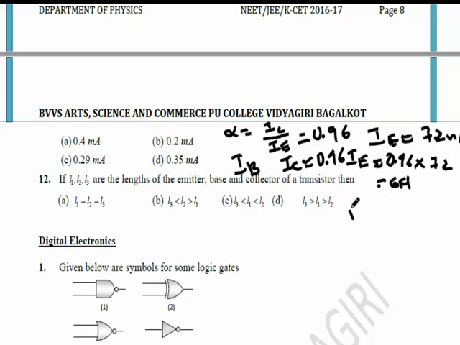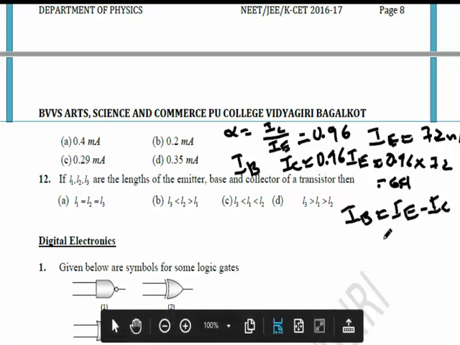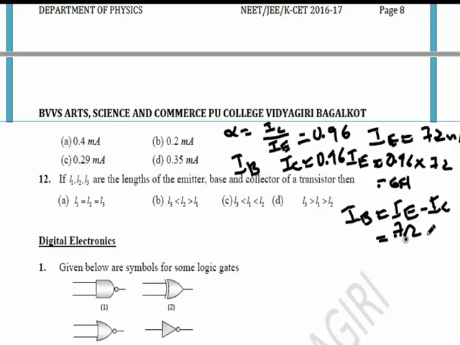IB is needed. IB equals IE minus IC. IE is given as 7.2, minus 0.69.